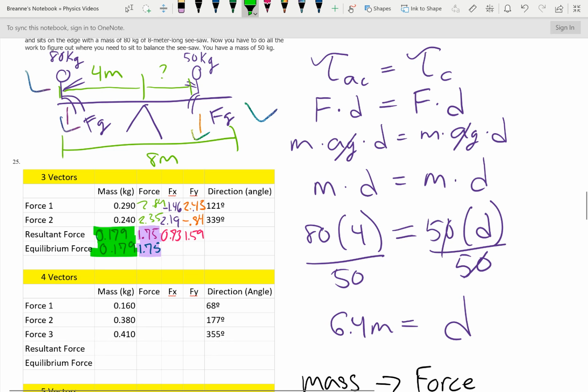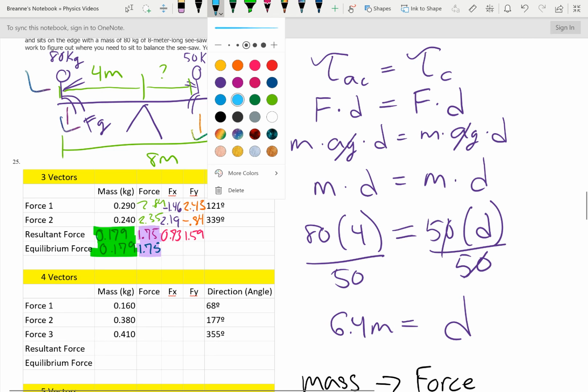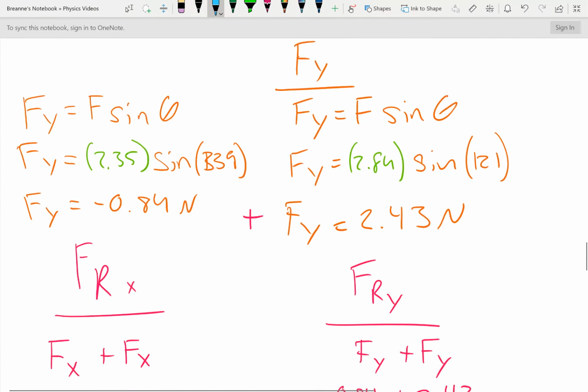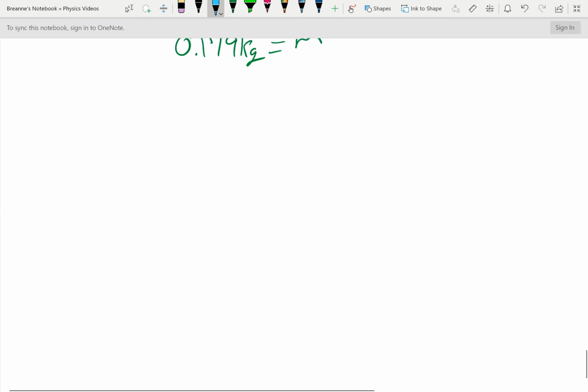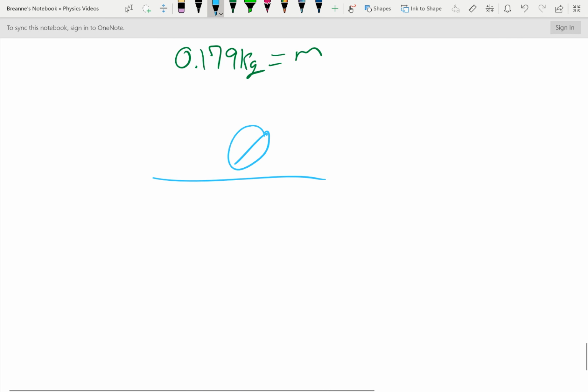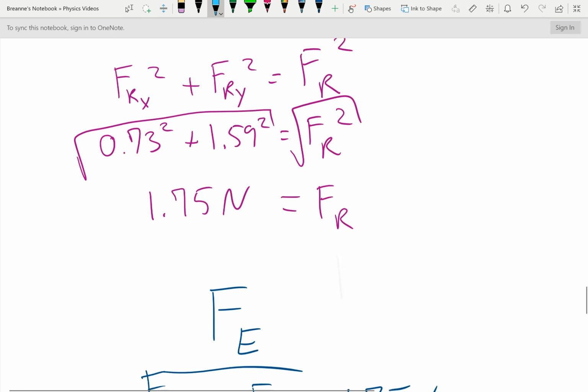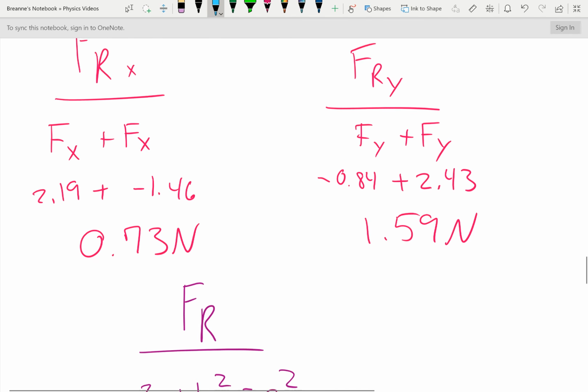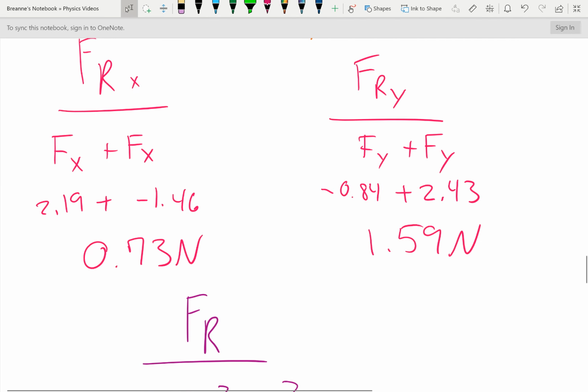Now to find theta, to find your angle. That's when you have to draw out your triangle. So you're going to go back to your resultant in the x and resultant in the y.